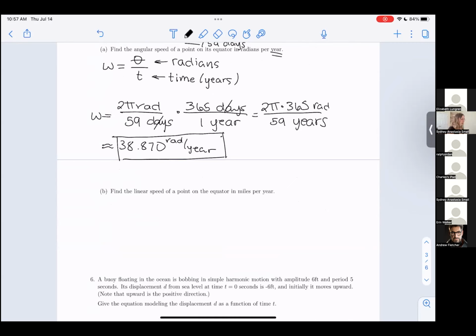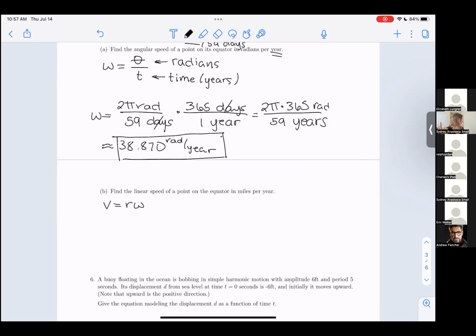We want to find the linear speed of a point on the equator in miles per year. So if you remember, we also have a handy dandy formula for this one. And that is just V, we call it the V for velocity, is equal to the radius times omega, our angular speed. So we still need that angular speed. We still need to know how many times per year that we are rotating around.